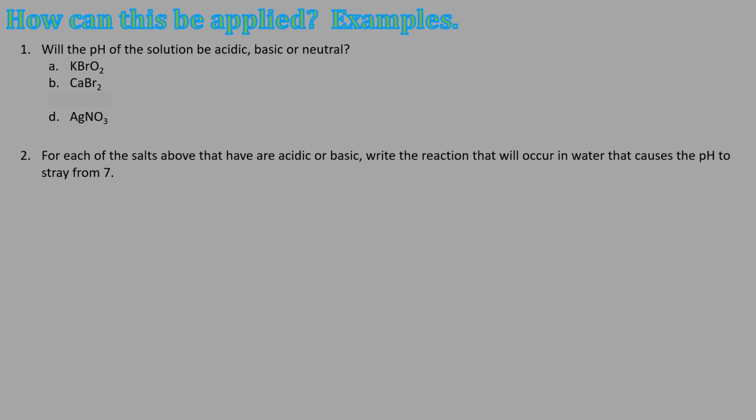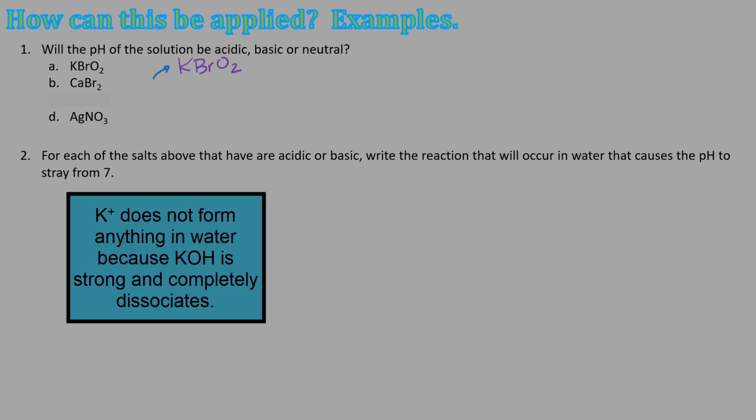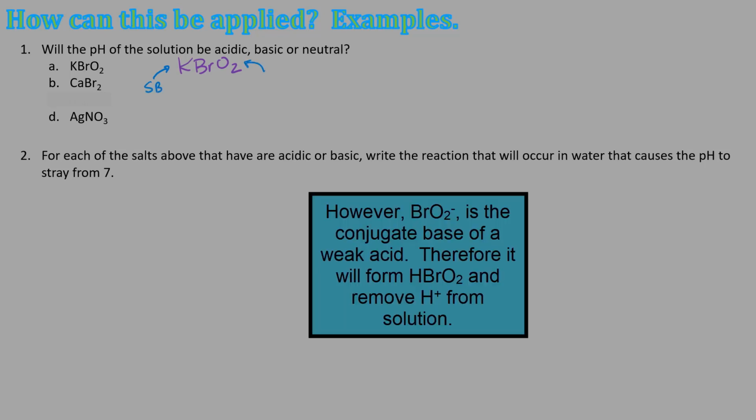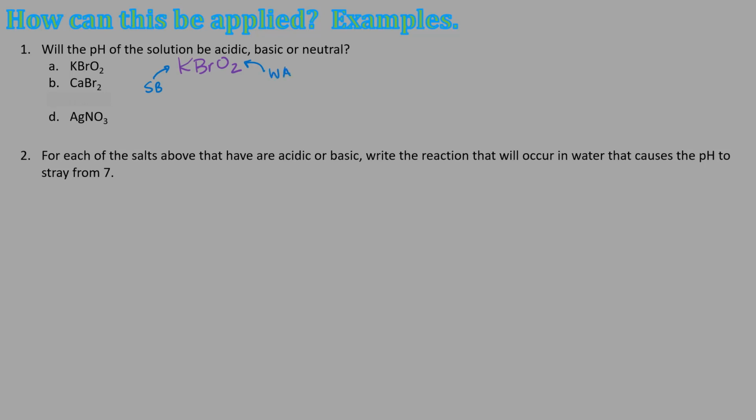So will the pH of the solution be acidic, basic, or neutral? Okay, for the first one, KBrO2, this produces potassium hydroxide, which is a strong base, and this produces bromous acid, which is a weak acid. Since we have a strong base and a weak acid, it's going to be basic. Okay, and then we can look at B, calcium bromide.